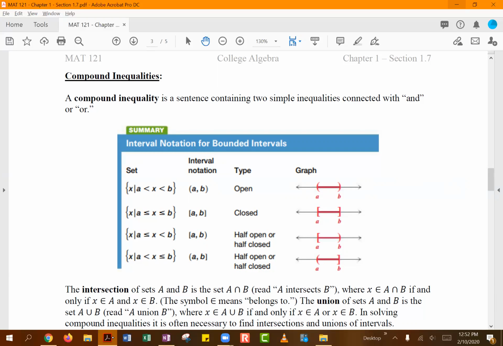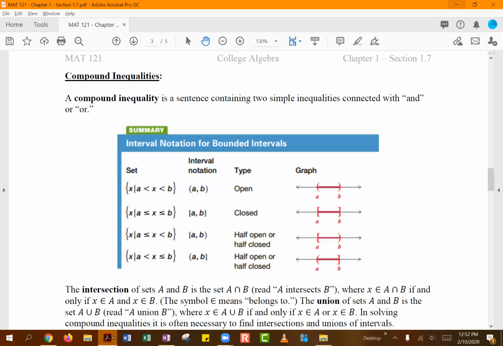But now these guys are, again, half open, half closed, however you want to look at them. One side is included, the other side is not, so then your graph would reflect which one's included, which one is not. Half open, half closed. Would it matter? Is it going left or right? So let's say the bracket with the closed, would we read it as that would mean closed and this would mean open?